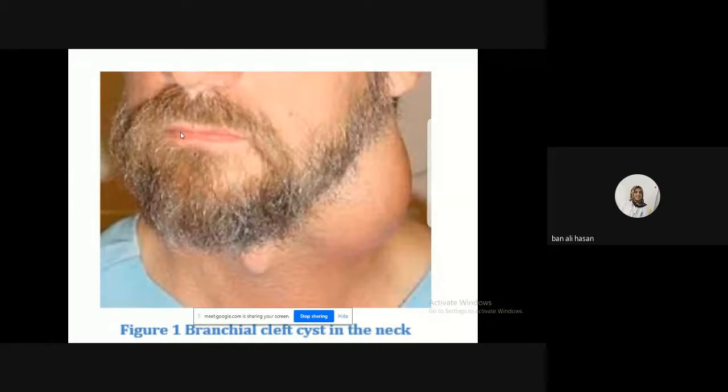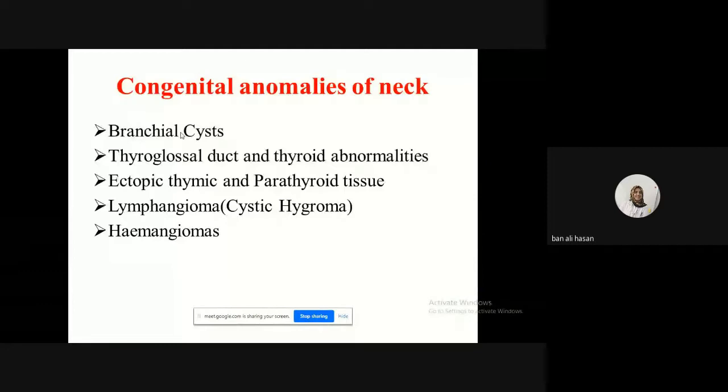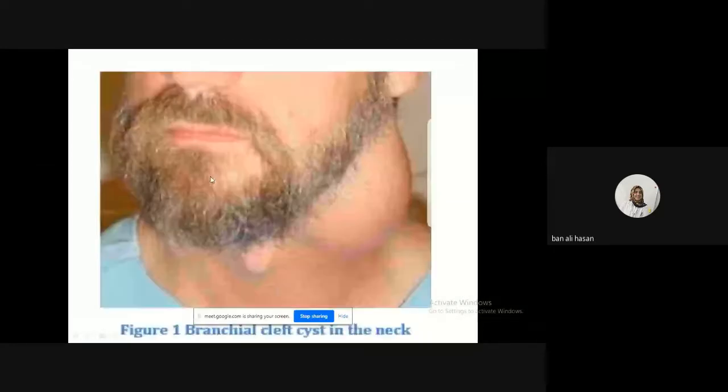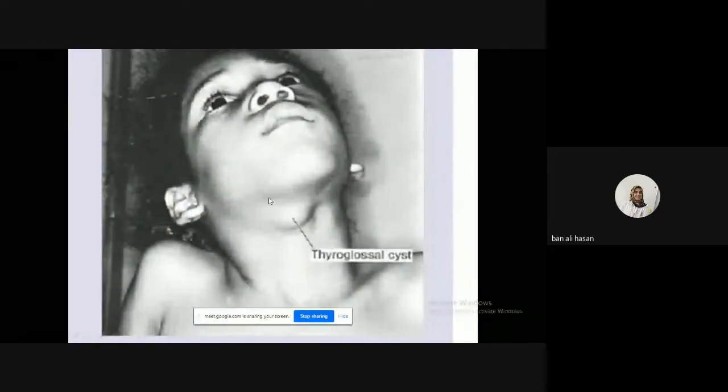Okay, so the second one is thyroglossal duct and thyroid abnormalities. As you can expect, there are some abnormalities that can happen in the thyroid and the ducts that are found in the thyroglossal part. And just look at here, it can be seen in the neck part, and these will be some soft cysts filled with some fluids, and these all can be treated with operations.